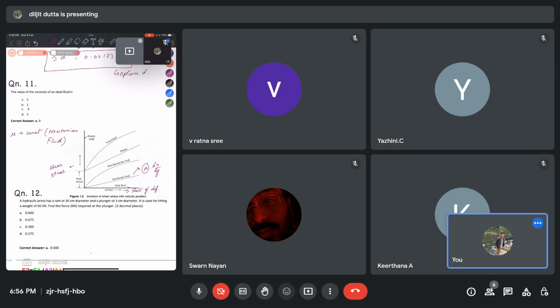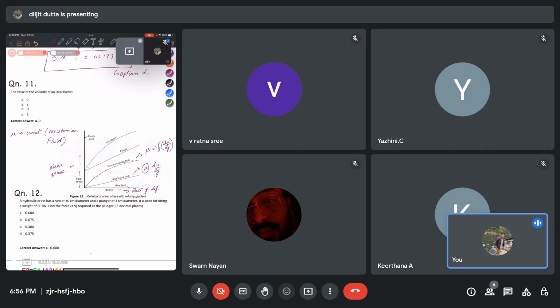Now coming to a non-Newtonian fluid, you can see the graph is changing, that is, as the rate of strain increases, the value of mu also changes. So mu is a function of du by dy.